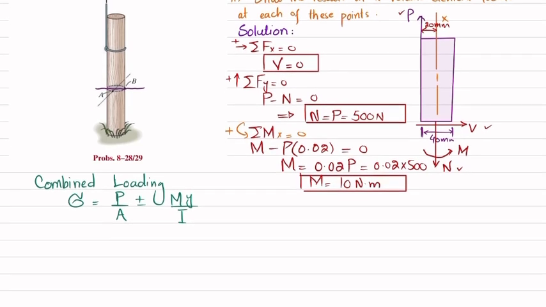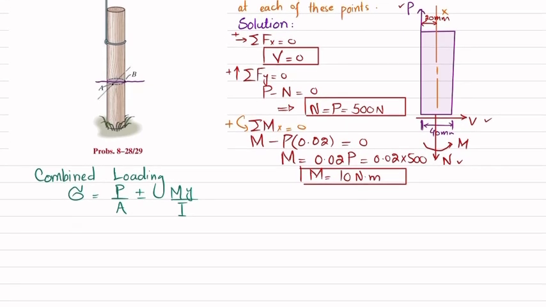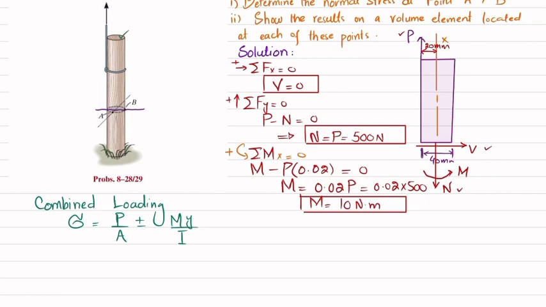Now we will find I and A for this circular or cylindrical post. So the area for this circle will be equal to pi r square. So pi multiplied by r, which is 20 millimeter, that is 0.02 meter, in its square.